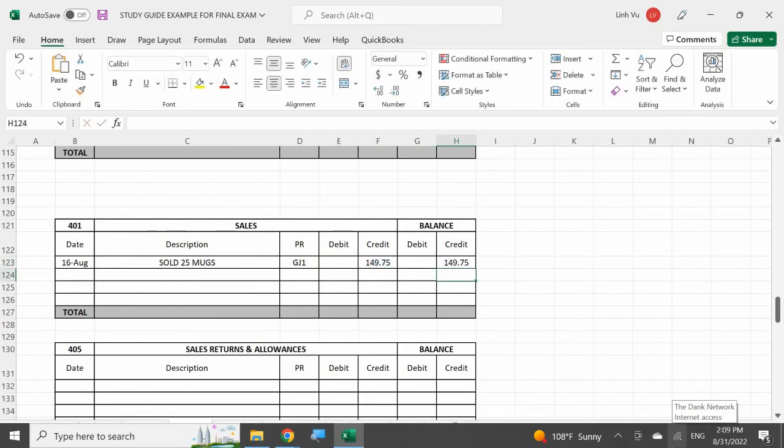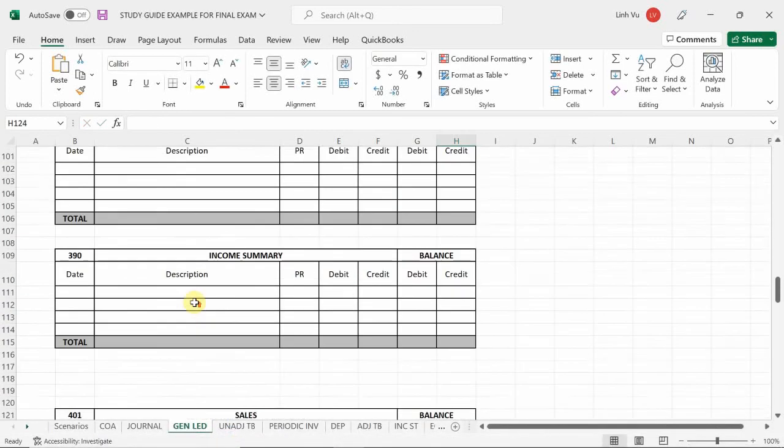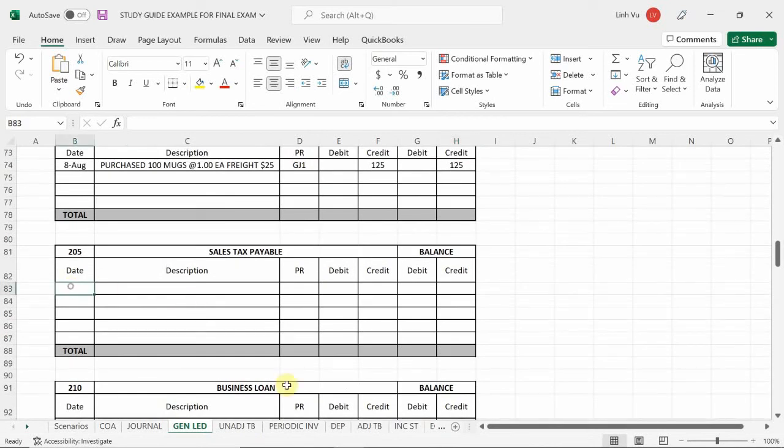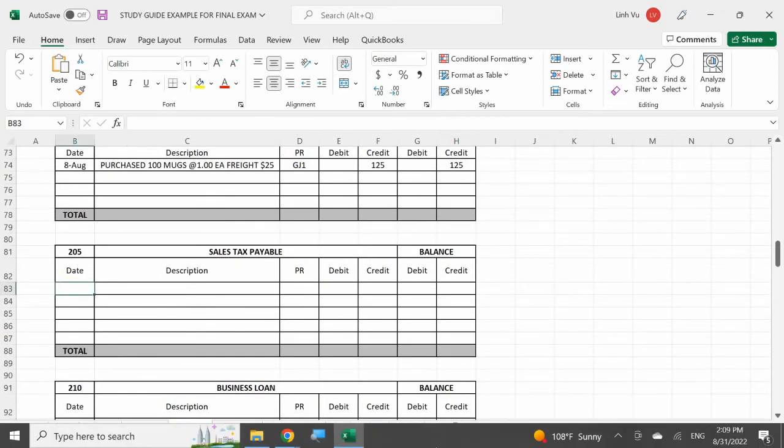Okay. And then we need to go to our liabilities for the sales tax payable. So how much sales tax did you collect? $12.35.